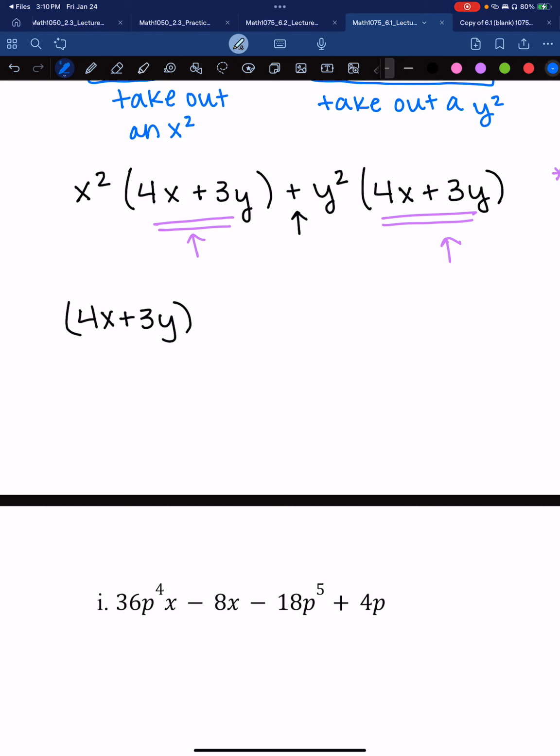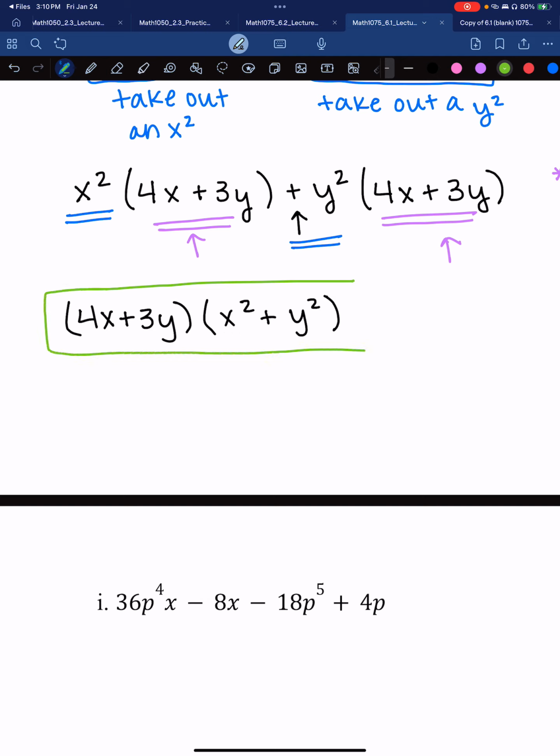And what we are left with, this x squared and this plus y squared, which is why it was important to include the sign, those are going to stick together as well inside of the second parenthesis as our factor. And that's it.